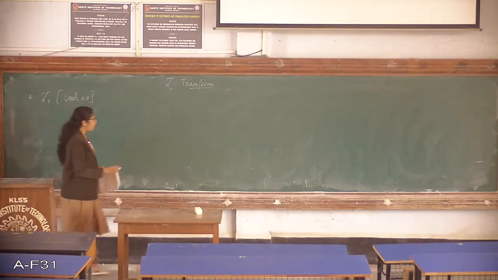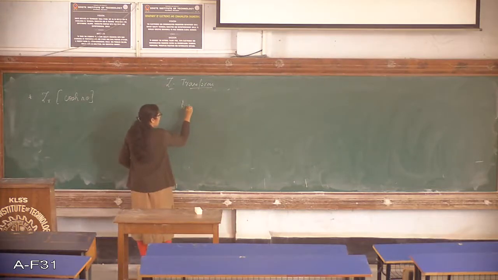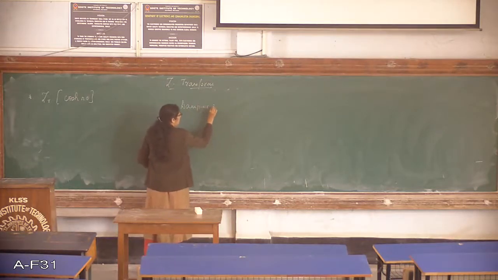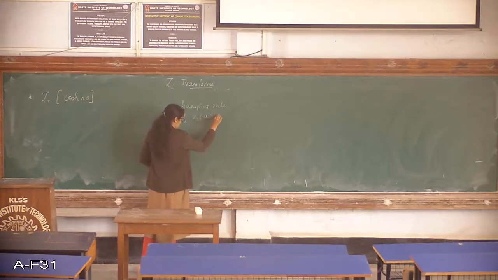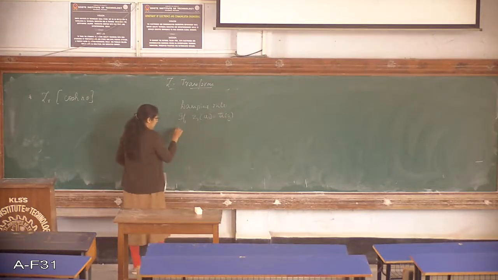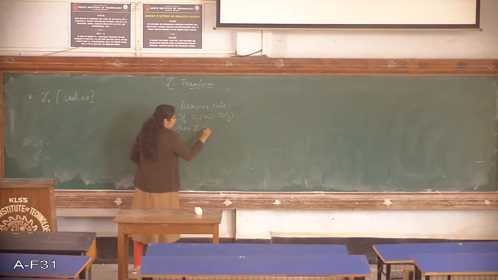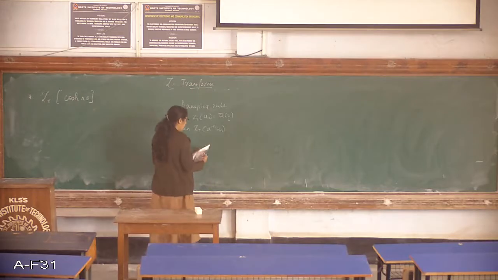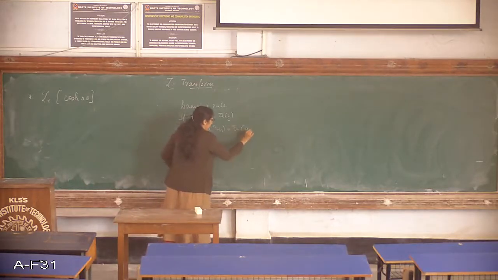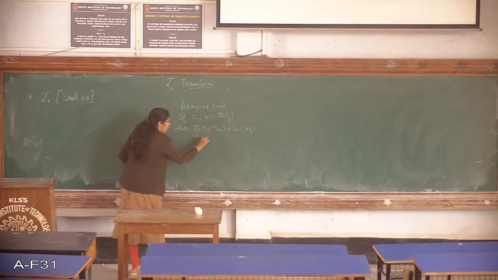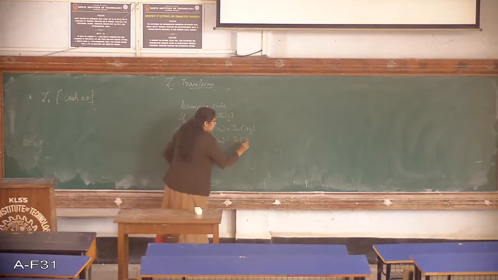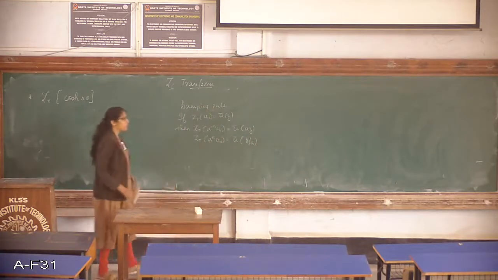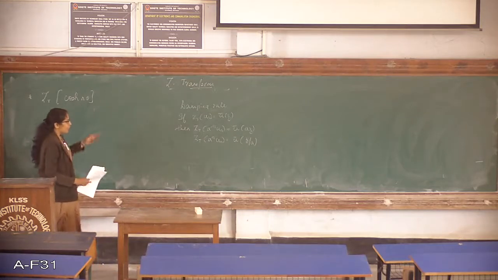If you remember, the damping rule stated that if the Z transform of u n is equal to u bar of z, then the Z transform of a raised to minus n u n is given by u bar of a z, and the Z transform of a raised to n u n is given by u bar of z by a. We had also discussed a few examples wherein we made use of the damping rule.